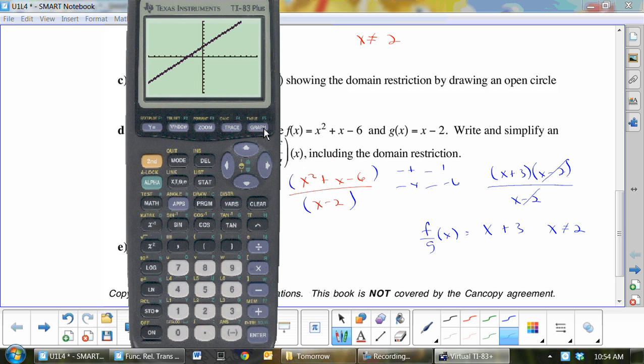Now, let me get rid of the first one here quick. Actually, I'm going to show you a trick too. If I hit trace, 2, I still get my old line. If I hit down, I should get the new line. Trace 2, no. There. So when you're in trace mode, hitting down goes to the other graph.